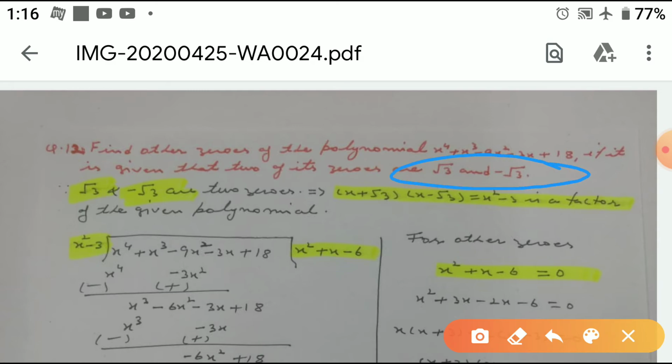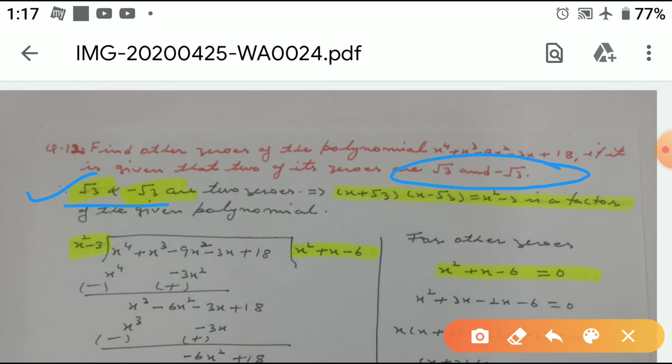Clear? Now since √3 and -√3 are two zeros, it means x - √3 and x - (-√3) are factors. When alpha and beta are two zeros, then (x - alpha)(x - beta) is a factor. This is the concept.